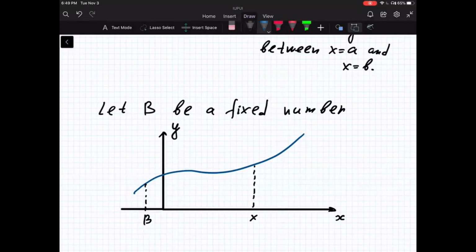So it's this shaded area. As long as b is fixed, every value of x determines a unique value for the area. Thus, the area is a function of the variable x, and we will denote it by A of x.